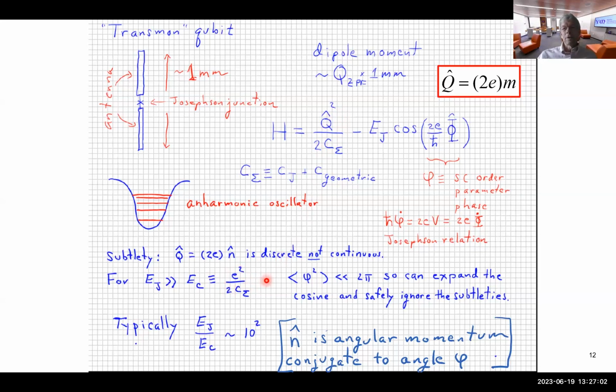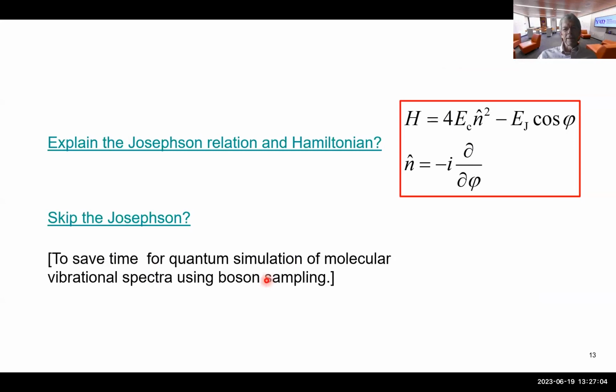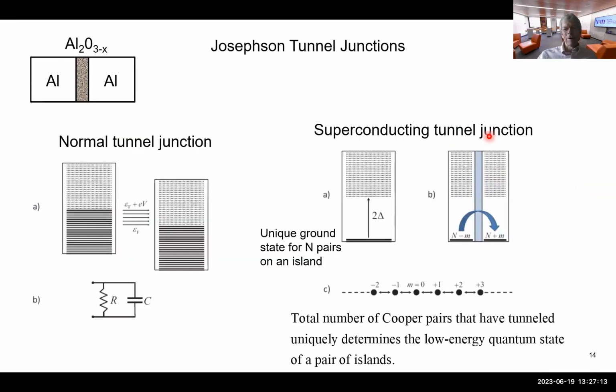Okay, so we're going to take a moment and derive this quantum Hamiltonian for the transmon tunnel junction. So again, it's two pieces of aluminum with a not stoichiometric, sadly, aluminum oxide barrier.